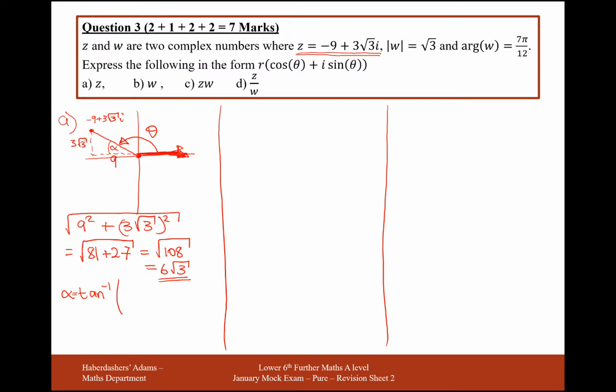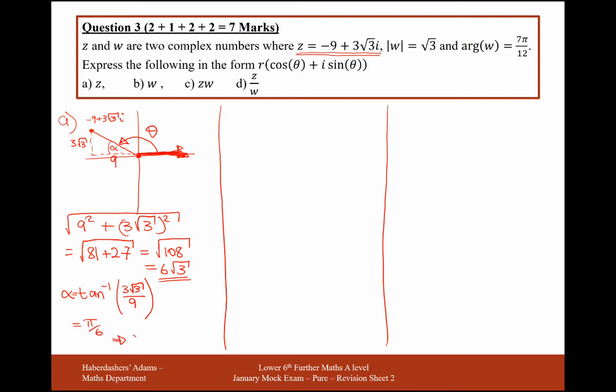So to work out alpha, it's tan because we've got opposite and adjacent sides, so opposite over adjacent, so 3 root 3 over adjacent 9, which is going to simplify to tan minus 1 of 1 over root 3, which will simplify to pi by 6.